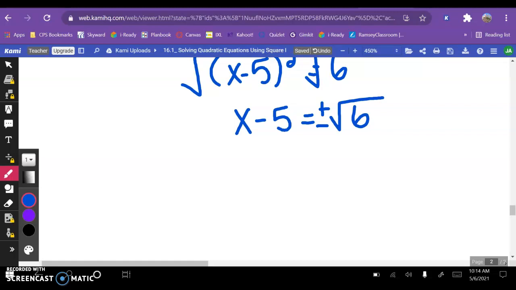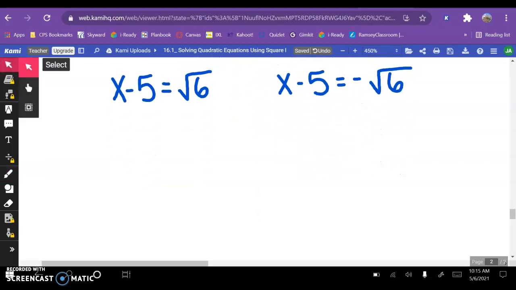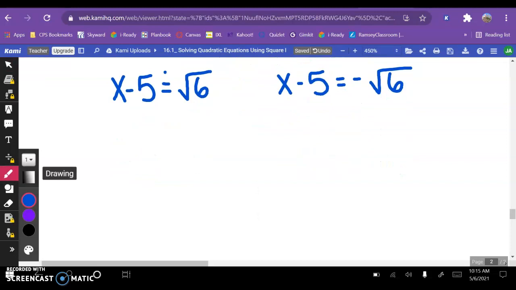So I still have 2 answers, so I have to break it up into 2 different problems. So I'm going to have x minus 5 equals a positive square root of 6. And I'm going to have x minus 5 equals a negative square root of 6. Now, in the problem before, we said we couldn't do a negative. That's when it was underneath the radical. This one is outside, so it's like a negative 1 times the square root of 6. So we can work with that. We just can't work with it when it's underneath the radical.